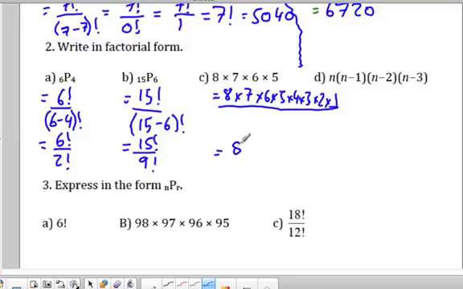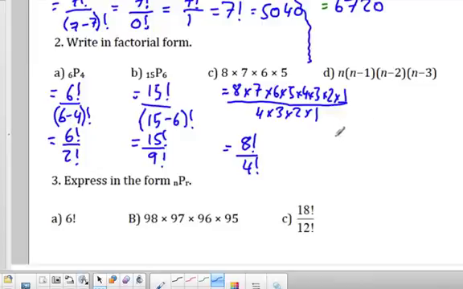Now to get these to cancel out, the 4 times 3 times 2 times 1, I'm going to divide by 4 times 3 times 2 times 1, and that is 4 factorial. So our answer, to express 8 times 7 times 6 times 5 in factorial form, is 8 factorial over 4 factorial.